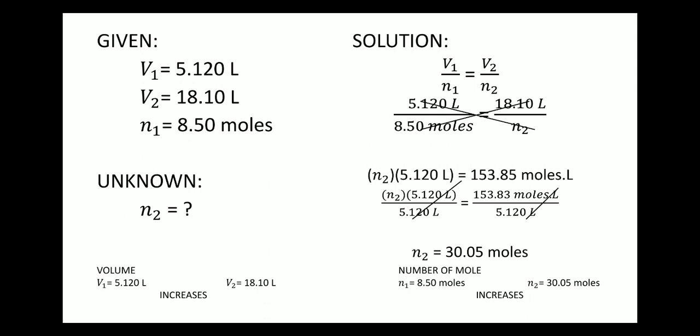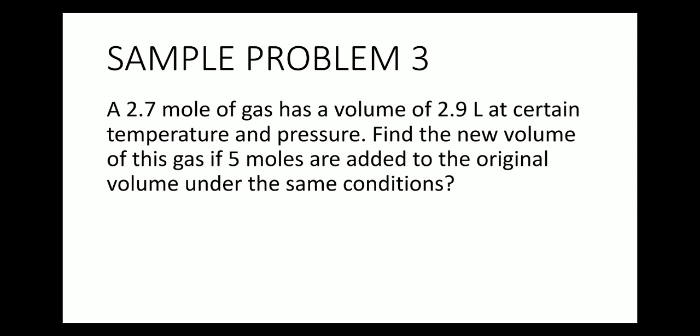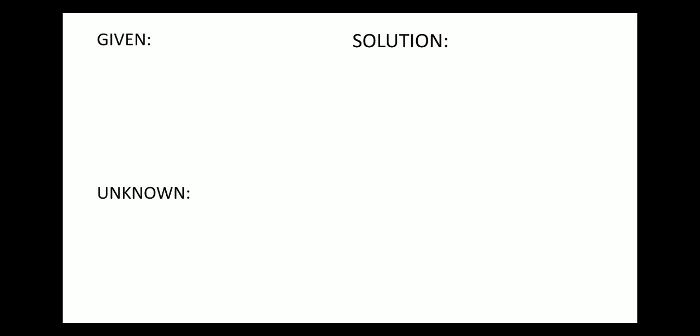Number 3. A 2.7 mole of gas has a volume of 2.9 liters at certain temperature and pressure. Find the new volume of this gas if 5 moles are added to the original volume under the same condition. So please take note of the words if 5 moles are added. So let's write the given.